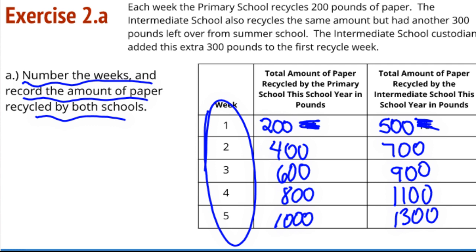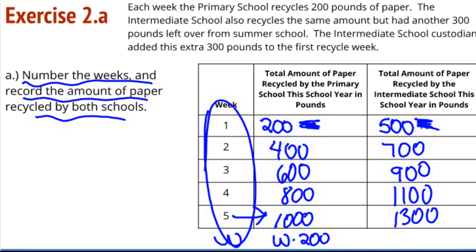So now the question becomes, what about after, say, 10 weeks? Where would we be at? Well, I can see that on this table, I'm taking the number of weeks and multiplying by 200. So the primary school is, and I'm going to use a W here, the weeks times 200, which I could also write as 200W.